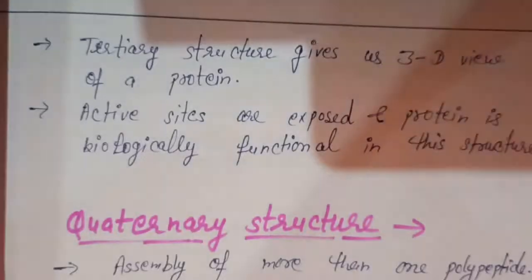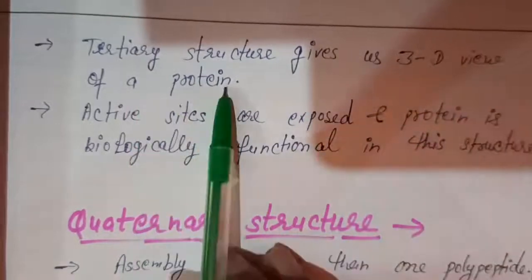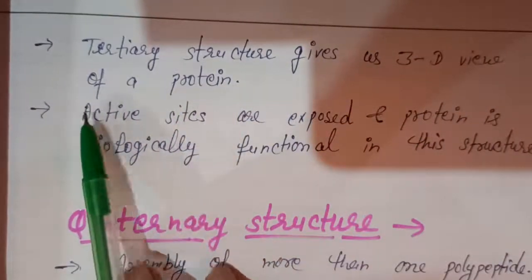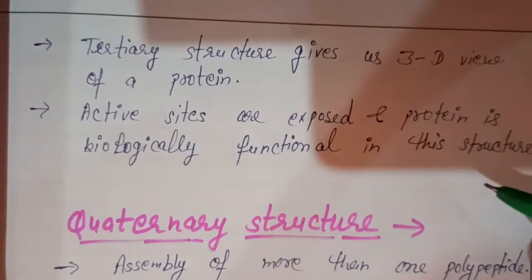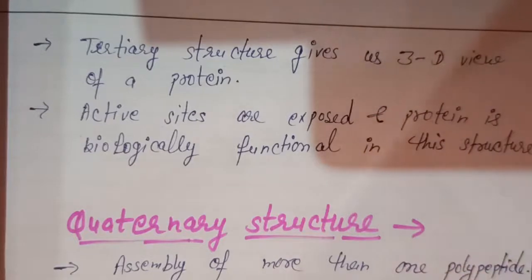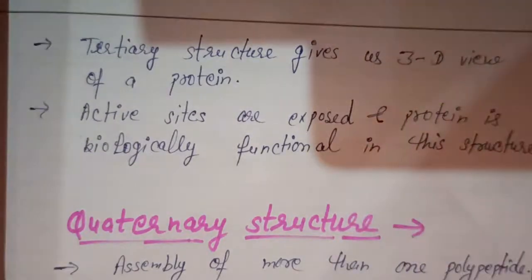Now some important points about the tertiary structure of protein. Tertiary structure of protein gives us a three-dimensional view of a protein. Okay, and active sites are exposed when a hollow woolen ball like structure is formed by the various foldings of a polypeptide chain. Then what happens? Active sites get exposed and protein becomes functionally active.